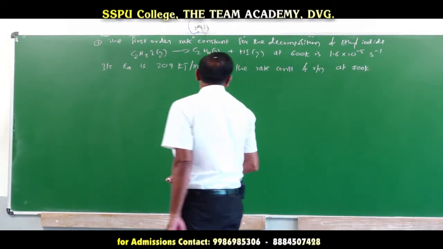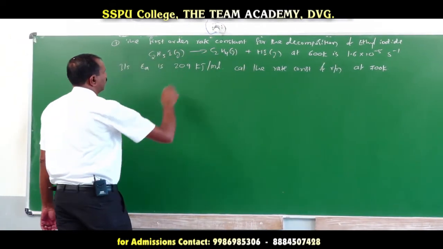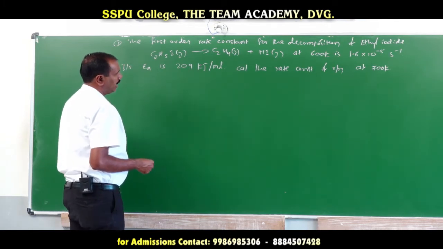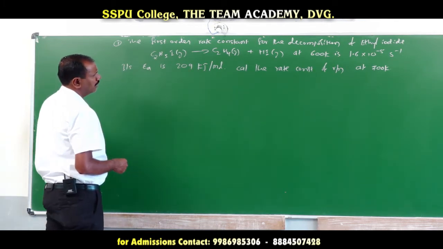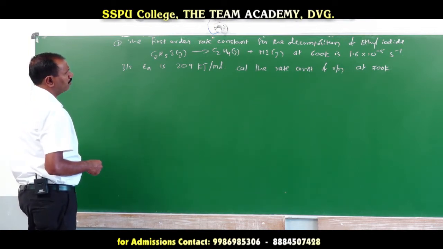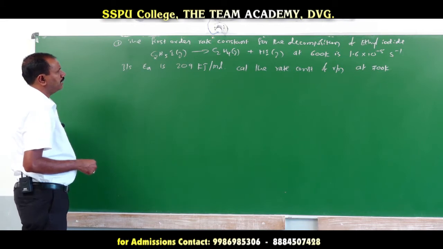So for the decomposition of ethyl iodide into ethene and hydrogen iodide, the rate constant at 600 Kelvin is given: that is 1.6 into 10 to the power of minus 5 per second.